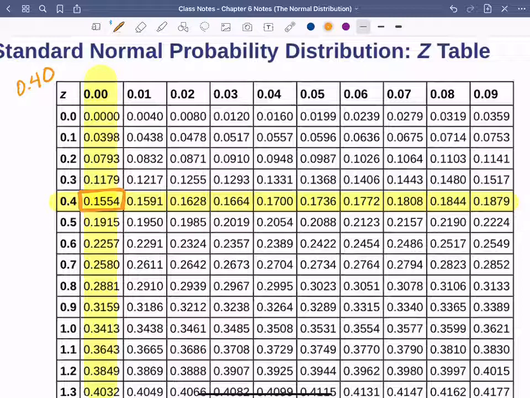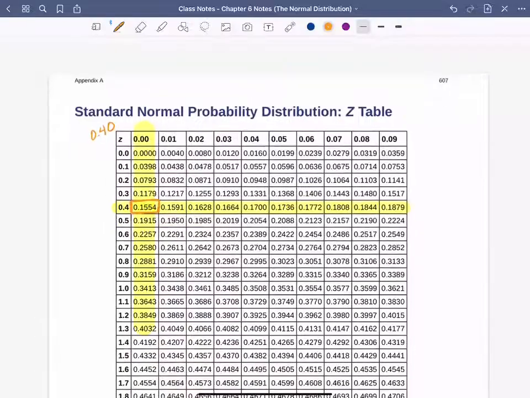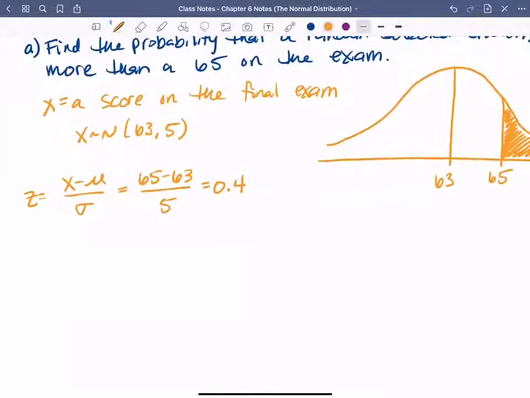Okay, so let's go back over here. So this tells us 0.1554. And actually, I'm going to write this in a different color here. What this tells us is 0.1554.